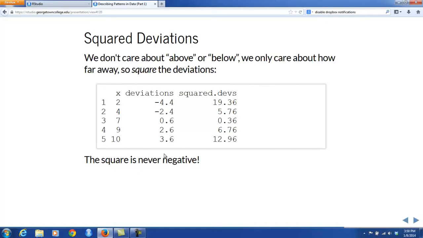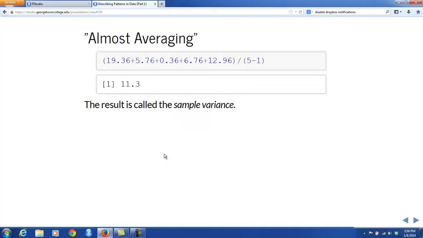Once we have taken the squared deviations, then you do your almost averaging. You add them together, divide by one less than the number of numbers that there are, and the result at this stage is called the sample variance. But it's much too big a number to say how far the typical data value is away from the mean.